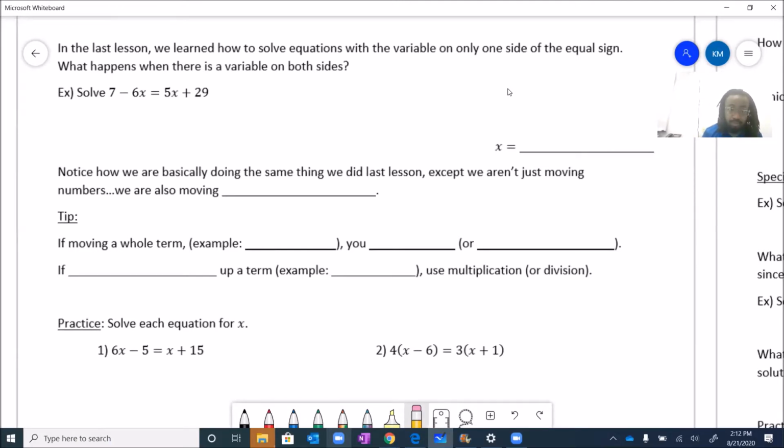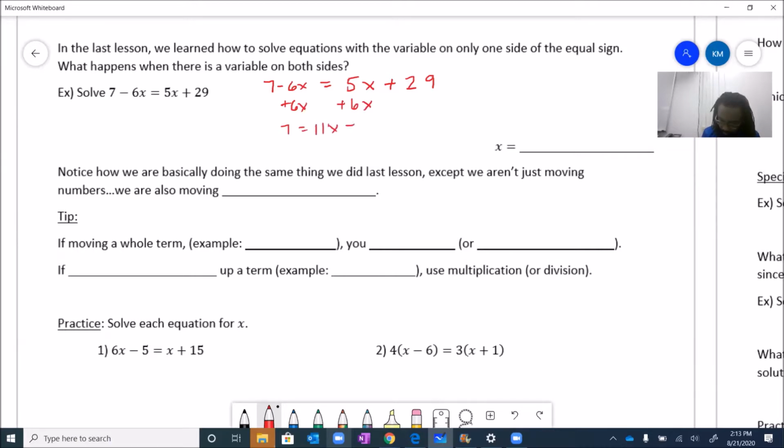First example here, we're given 7 minus 6x equals 5x plus 29. Noticing that there's a variable on both sides, I'm going to start by moving my variable to the other side. Add 6x to both sides. And that gives me 7 equals 11x plus 29.